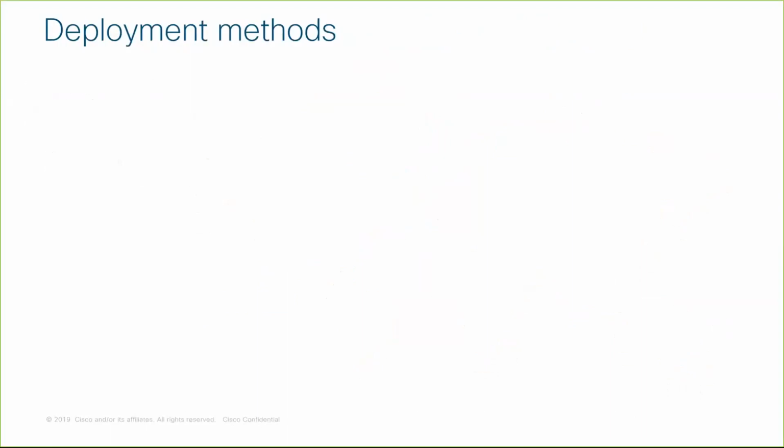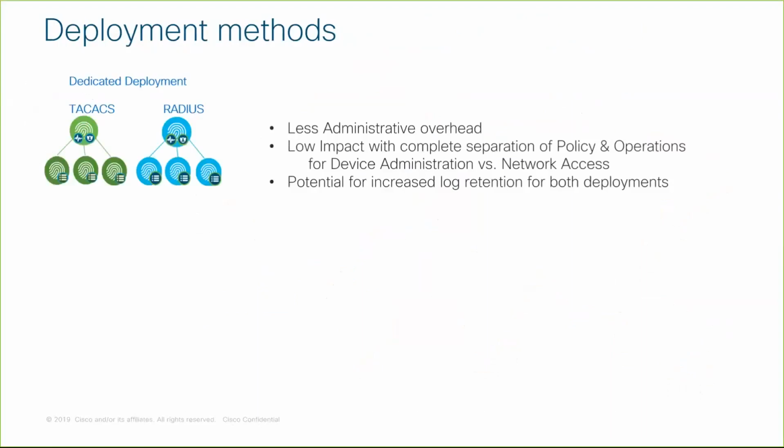Okay. That said, let's talk about deployment models. For a large enterprise, I would suggest separating TACACS as well as RADIUS. This may not be applicable to a lot of you, because you might have a smaller deployment with 2,000 network devices and so on.